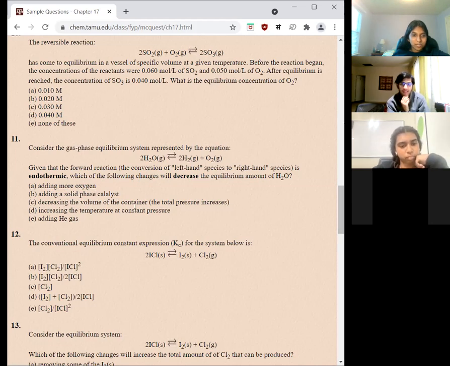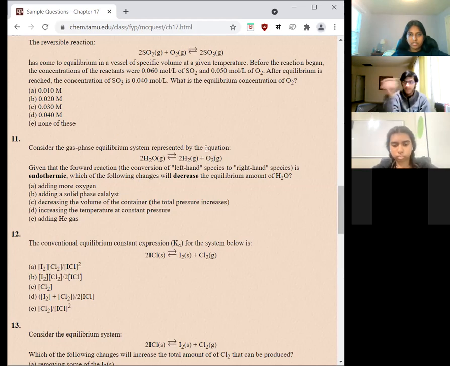Decreasing the volume of the container, so the pressure increases. If the pressure increases, then the reaction will want to decrease the amount of moles. There's 2 moles on this side with the 2 H2O, and 3 on this side with 2 H2 and 1 O2.